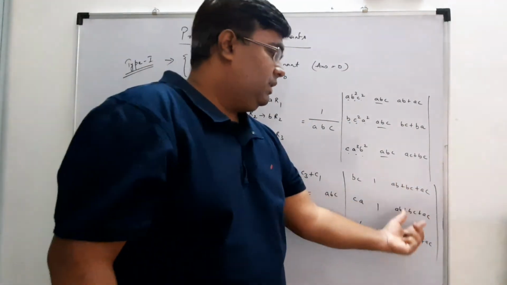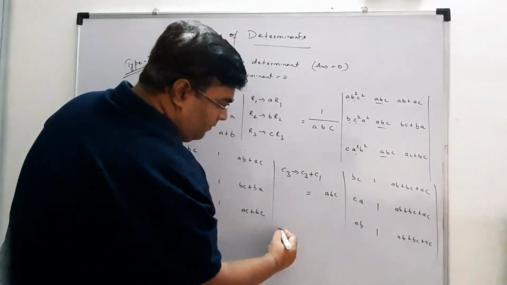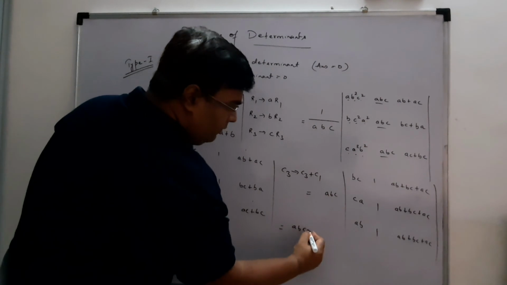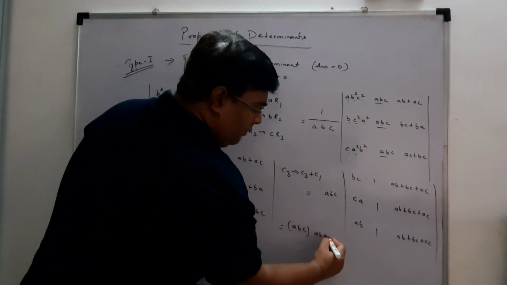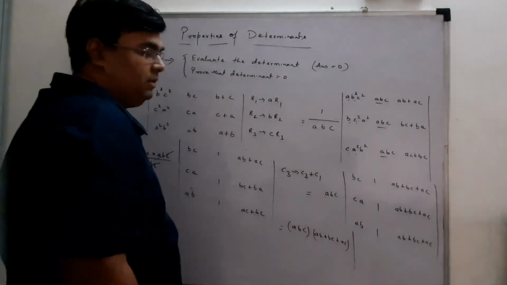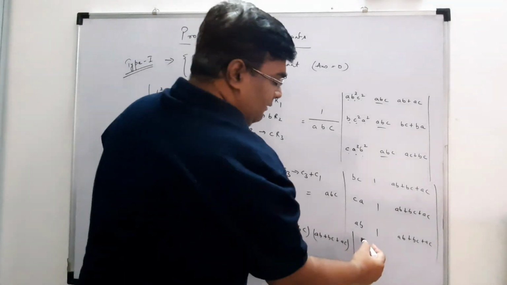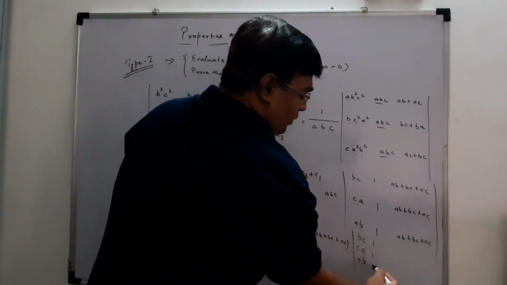Now all the elements are the same, so we can take it out as common. It will give me ABC multiplied by AB plus BC plus AC, and what is left out? It will be BC, CA, AB, 1 1 1, 1 1 1.